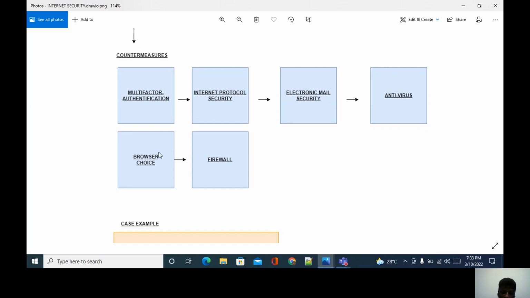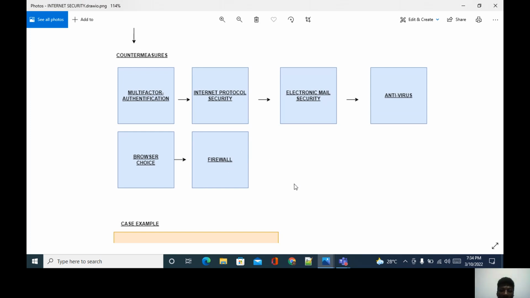We have a lot of browsers like Mozilla Firefox, Chrome, and others. And they have different principles and different features. So you can choose well to make your internet secure. And the next one, the last one on the list, when we talk about making the internet secure, is firewall.